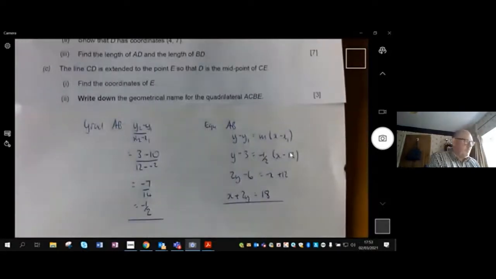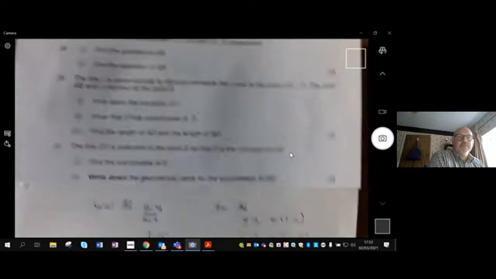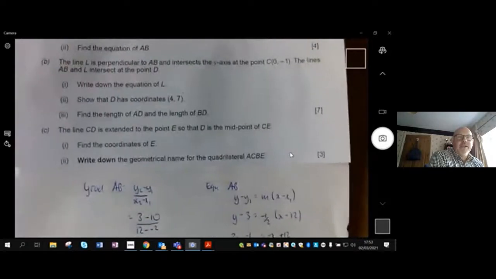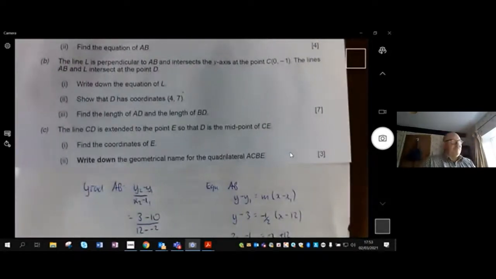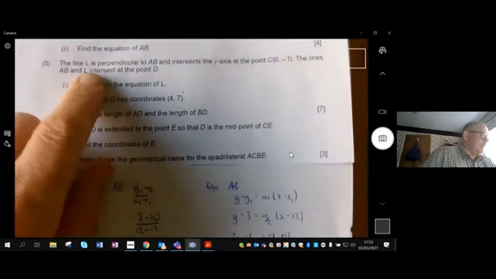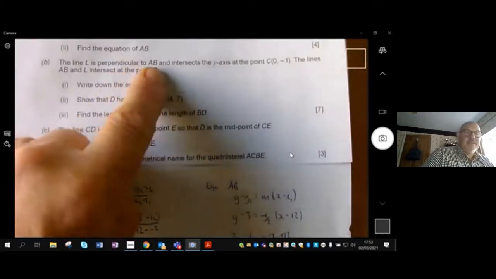Now, the next bit is reading and not panicking. I know when I used to read things like that when I was 17, it was like, oh my God, it's not English. Well, the line L is perpendicular to AB.